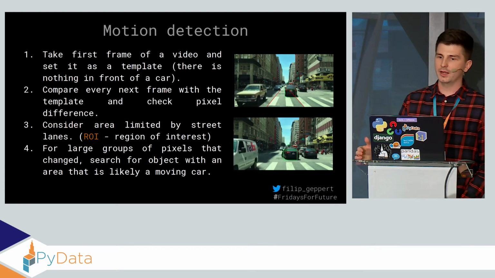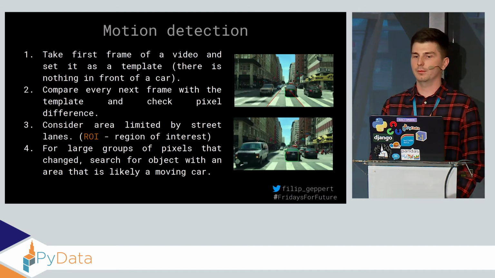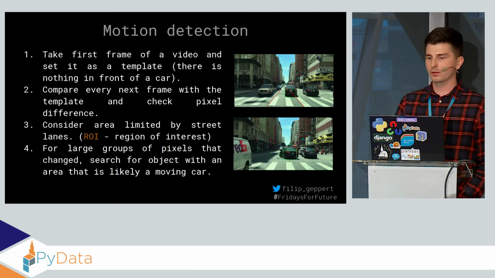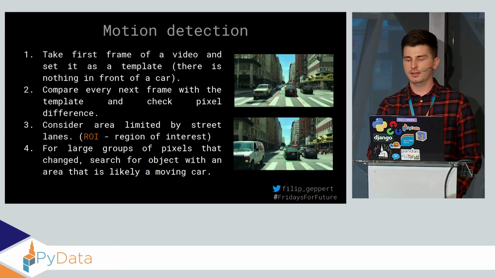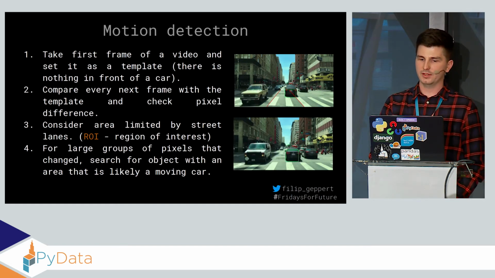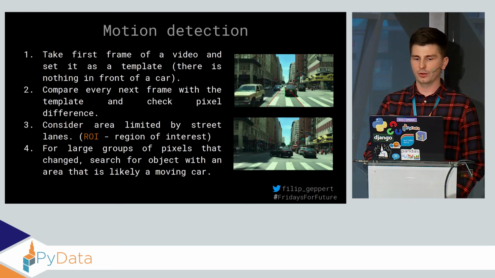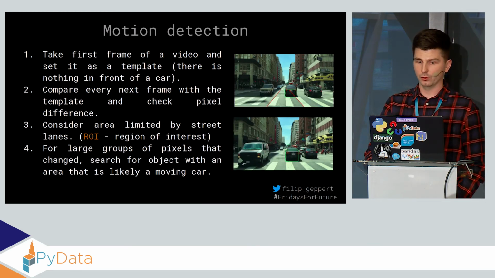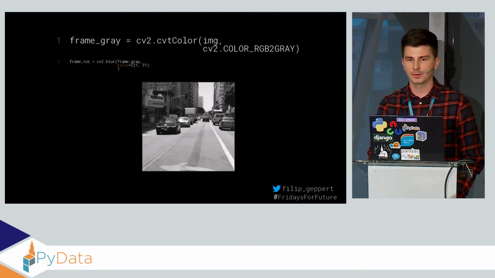For every next frame, we will compare and calculate the pixel difference, and we're also going to consider only the area limited by the straight lines that we calculated in the previous exercise. And for a large group of pixels that change with large intensities, we are going to assume that this is a car that is likely moving in front of us.